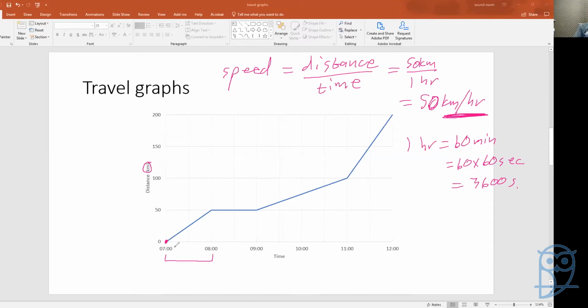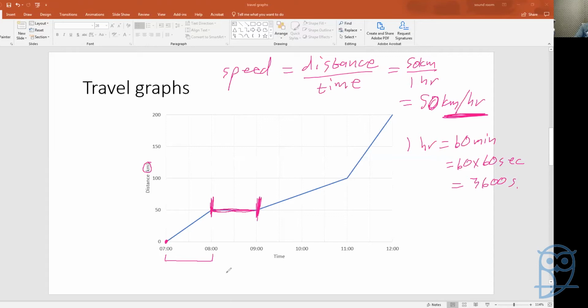All right. Question 3. What time did they stop for breakfast? Well, how do you know when they've stopped? Well, they would have stopped when their distance stops changing. And their distance stops changing between there and there. I know it's not changing because it is still at 50 and it stays at 50 for a whole hour.